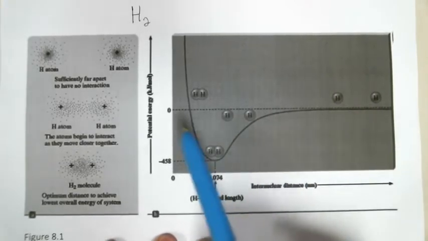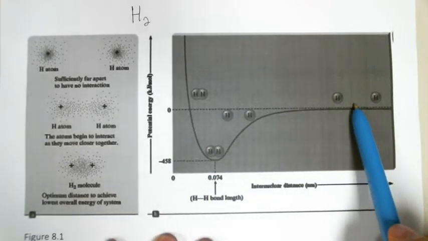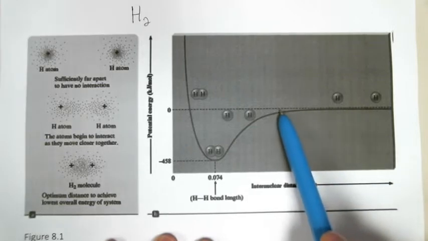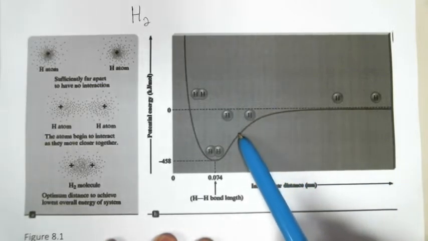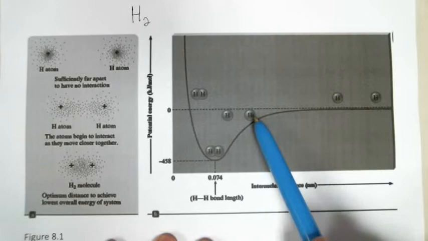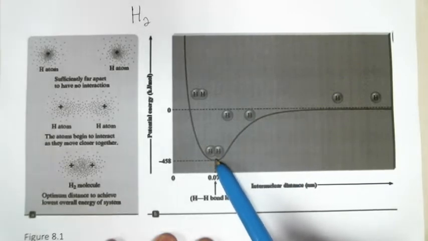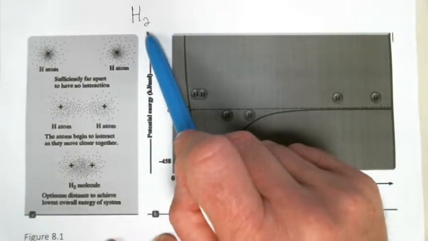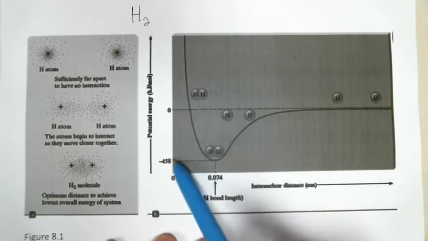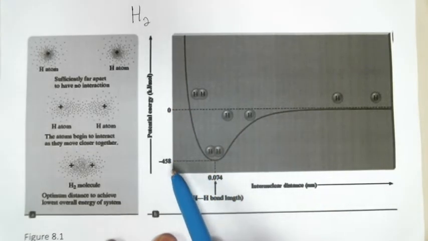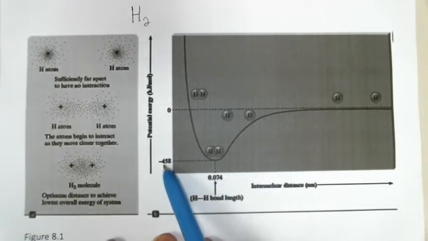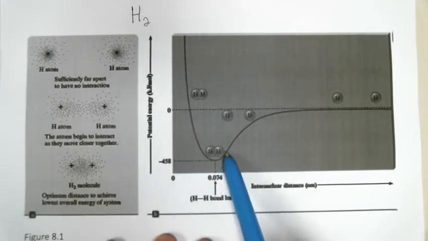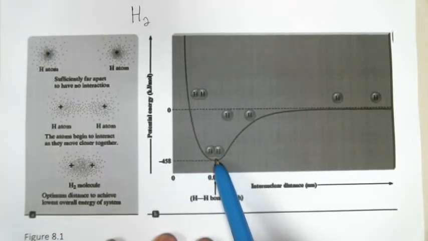That's our definition of zero energy. And as they come together, it's more stable for them to form that bond. That's why it's a diatomic molecule, H2, and it's lower energy. So the potential energy has gone down to minus 458, and now it's the hydrogen H2 molecule.